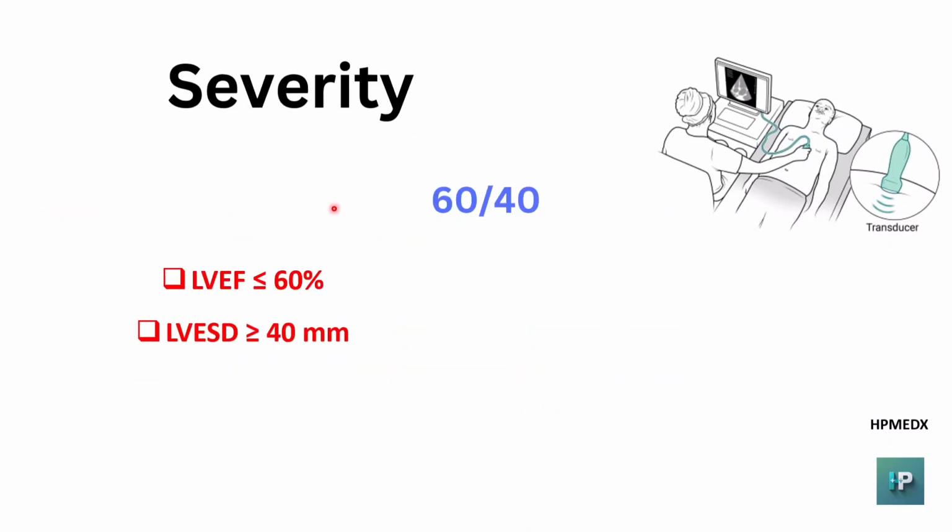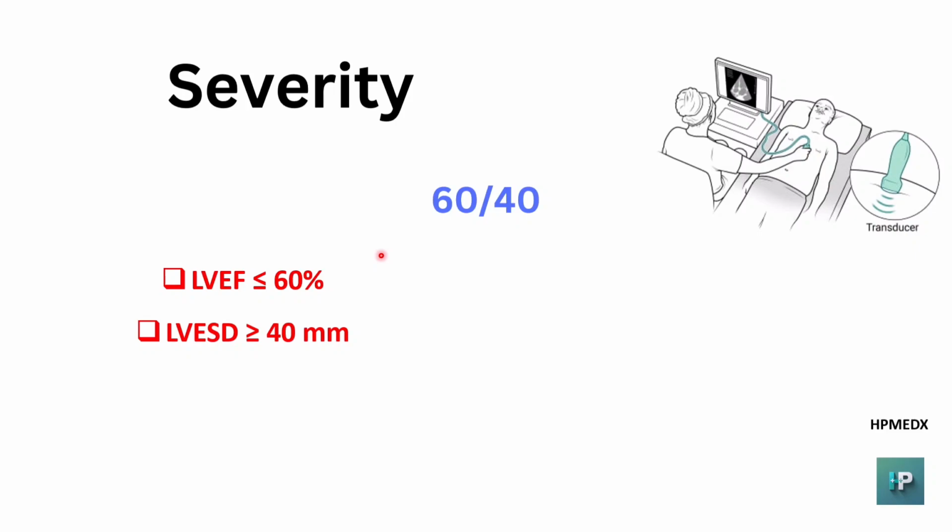And the severity in mitral regurgitation is assessed by the 60-40 rule. You should remember this. And here the 60 is left ventricular ejection fraction. If it is less than or equal to 60, it is considered as severe, because in mild to moderate the ejection fraction will be increased.